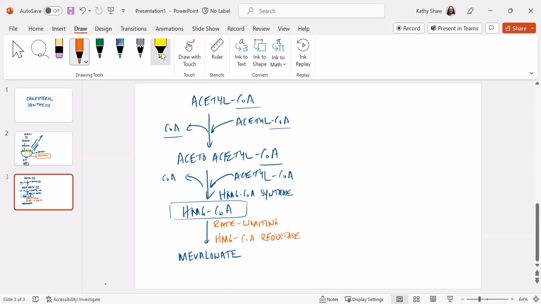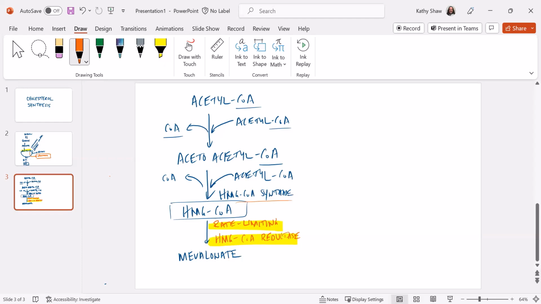Really, really common thing to get asked, so it's an enzyme I'd make sure I knew. What's the rate limiting enzyme in cholesterol synthesis? HMG-CoA reductase. But you know it's going to be a distractor for that, so be a little careful there.